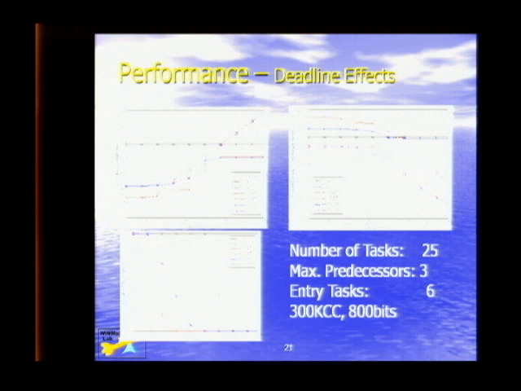Everything to the lower right-hand corner of this graph is a feasible solution. The solid blue and red ones are the solutions we developed using the CMPT and MinMin algorithms, and they catch much tighter deadlines than when you have, let's say, a single sensor dedicated to processing the information.